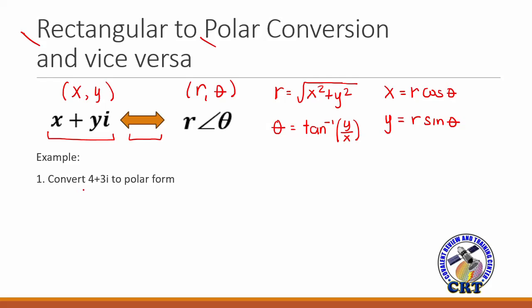For example, convert 4 plus 3i to polar form. From this given rectangular form, x is the real part and equivalent to 4. y is the imaginary part and equivalent to 3. So let us solve for r. This is equivalent to the square root of 4 squared plus 3 squared, and this is equivalent to 5.